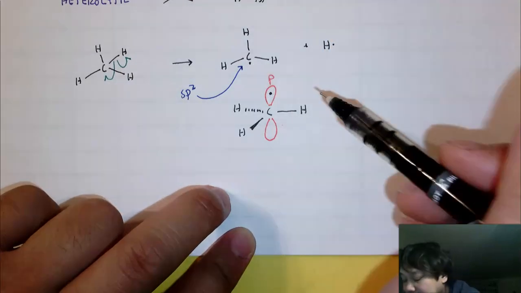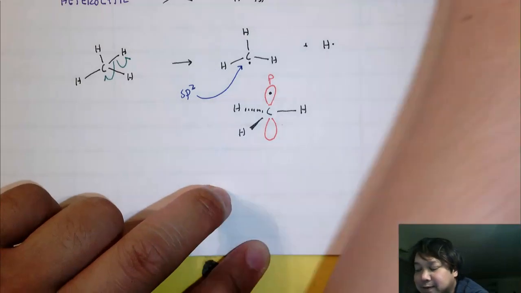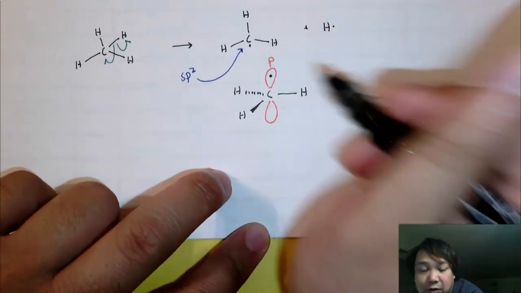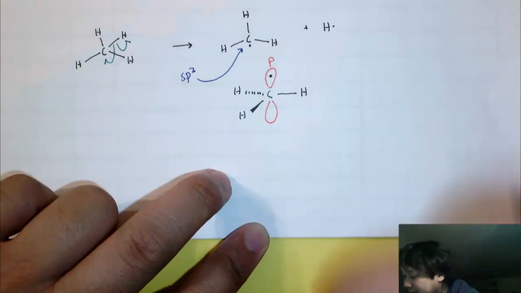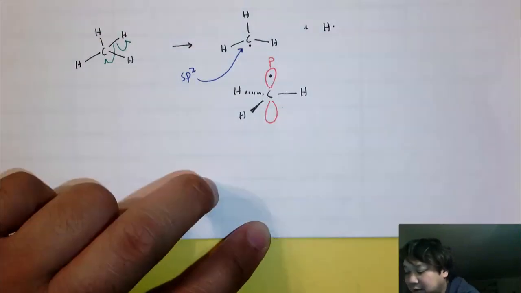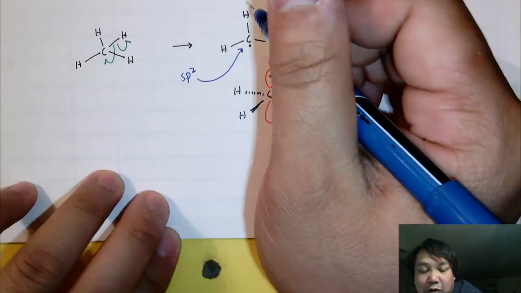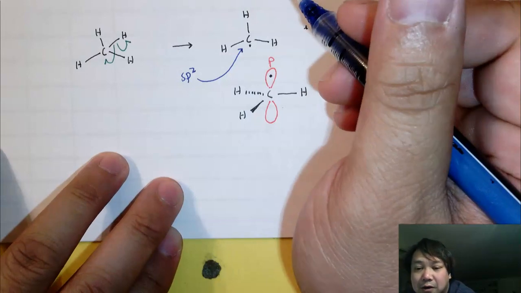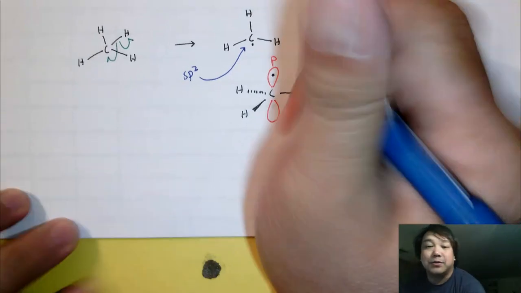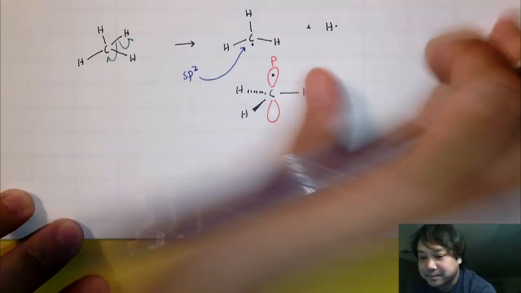Okay. It gets a little bit hairy because a carbanion could be either sp3 or sp2. Let's not worry about that. I'll tell you now that all the carbon radicals that we'll see are going to be sp2 hybridized. Okay.